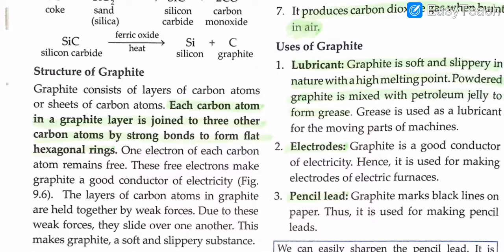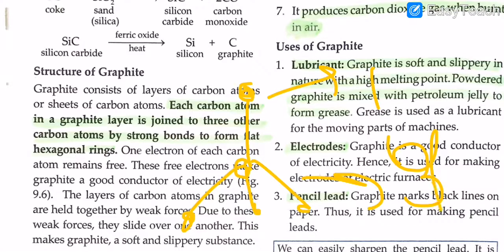The structure was like 1, 2, 3, 4, and 5. One carbon atom was joined to 4 other carbon atoms. Well, in graphite, it's one less. One carbon atom is joined to 3 other carbon atoms with very, very strong bonds.